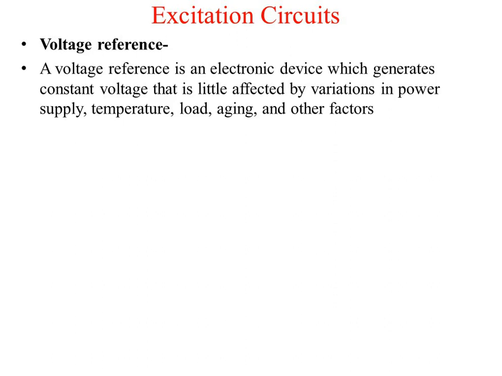Irrespective of your power supply changes, temperature, load, or aging of your components, your output voltage should remain constant. This is what is expected from a voltage reference that can be used with a sensor.